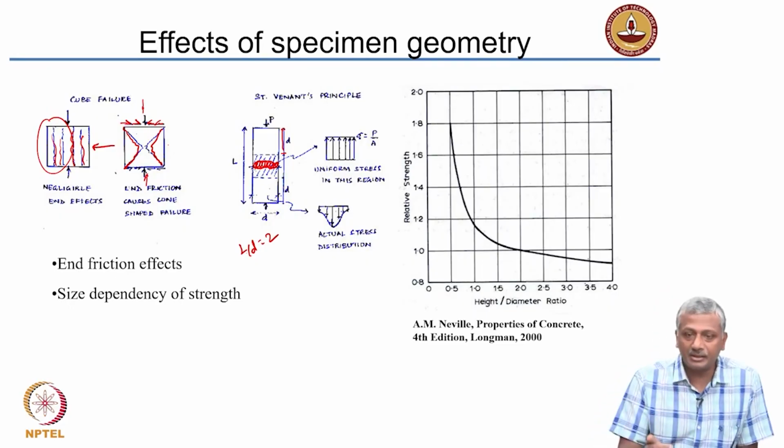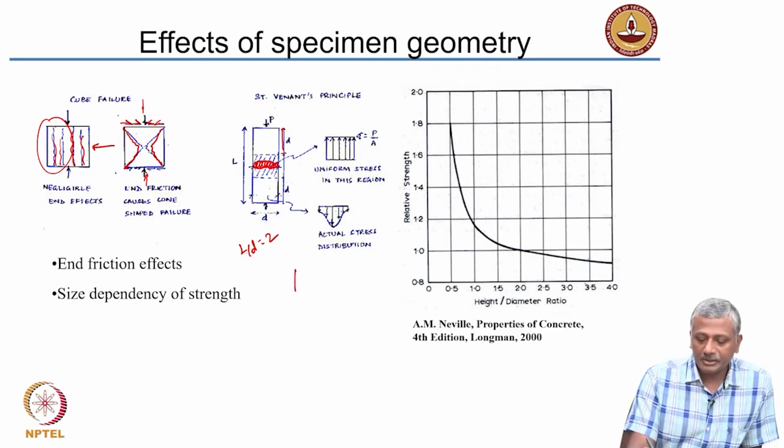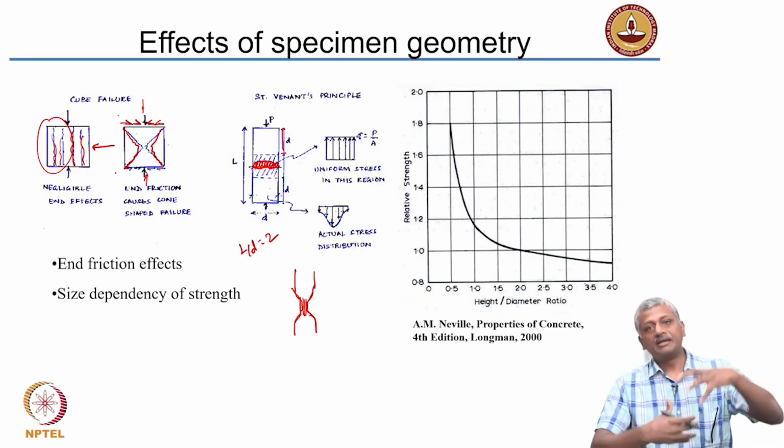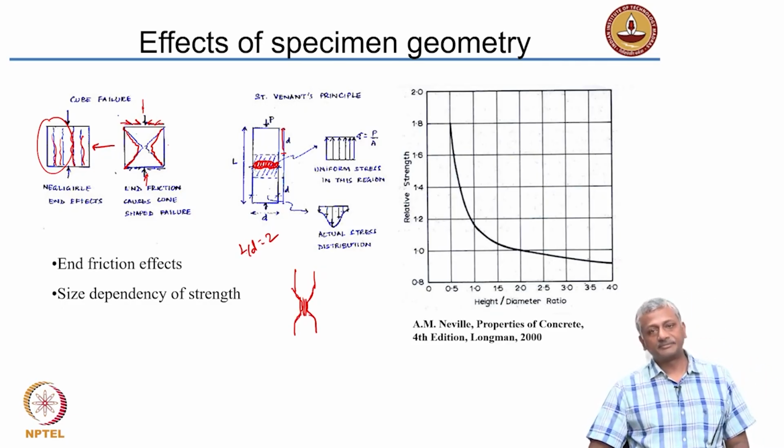If you take a cylinder and break it, you will get a failure which is more or less like this. You get almost vertical cracks in the center, and then some inclined cracks like that, and that is the failure pattern of a cylinder.